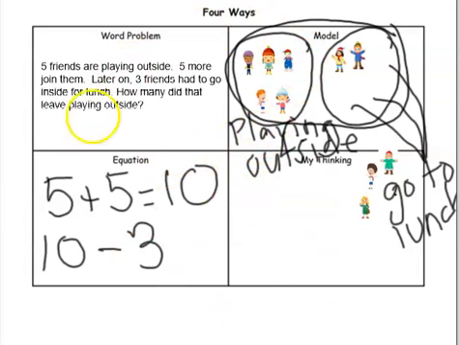That's right, we had to take 3 friends because they had to go inside to lunch. So how many friends did that leave playing outside? You think 7? Let's make sure. We have 5 here, 6 and 7. You are correct. So, what was our thinking? How did we do that?